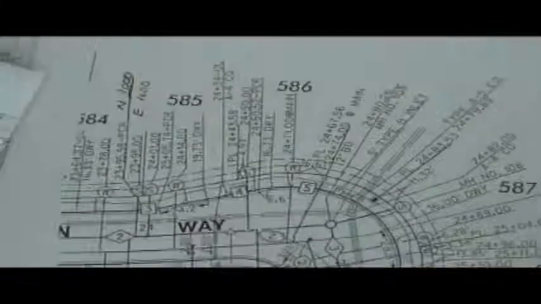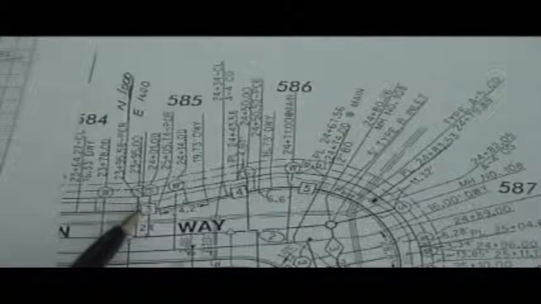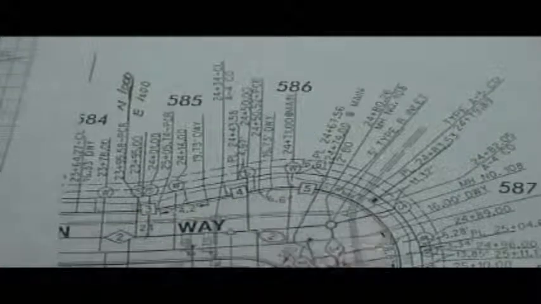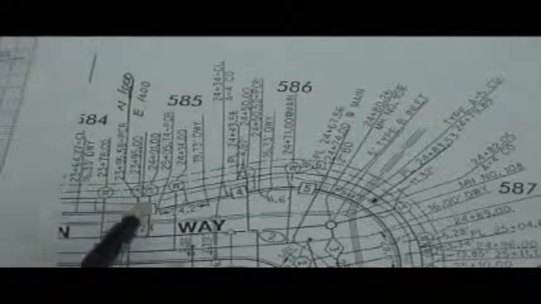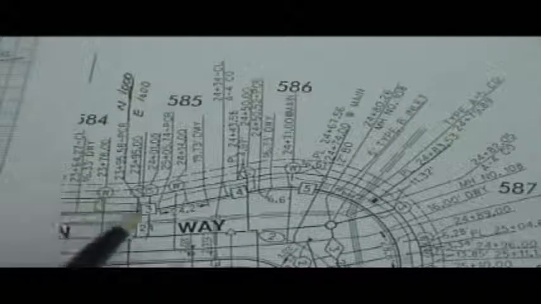Okay, looking at this plan, in the plan view, we're trying to find the tangent bearing into the PC because we're going to calculate this knuckle. We're going to put an alignment on this. So we know that it has a northing and an easting of 1,000 and 1,000. We already know what the elevation is here.